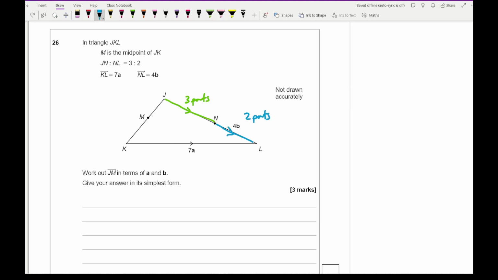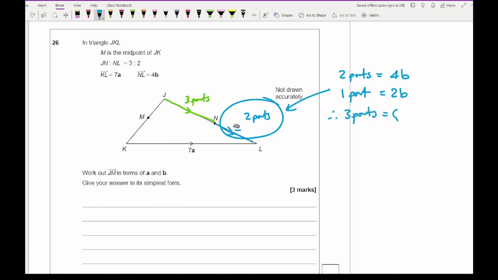Now using this information here, we know that if 2 parts equals 4B, then 1 part is going to equal 2B, so therefore 3 parts is going to equal 6B. So this J to N is 6B.